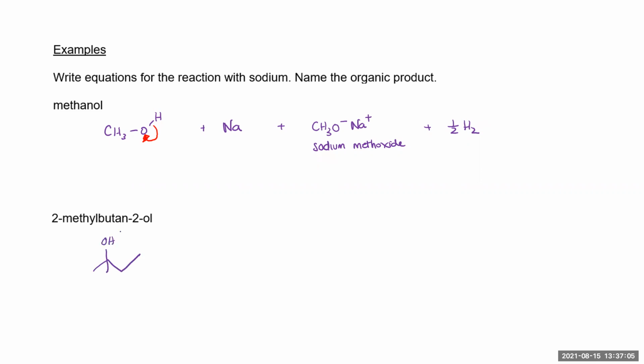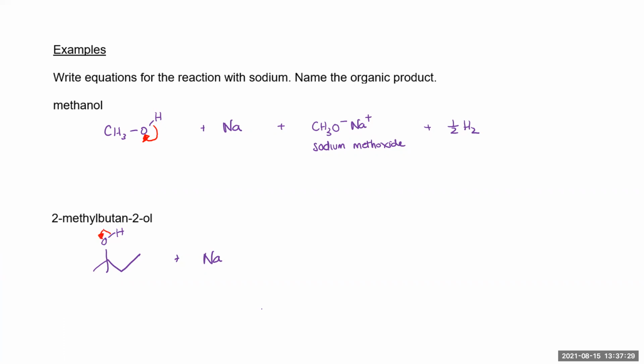There it is. Oh, I keep forgetting to write that bond out so that I can do the mechanism. Love a good mechanism. Okay, so we're reacting this with sodium, and both electrons in that bond are going to the oxygen.